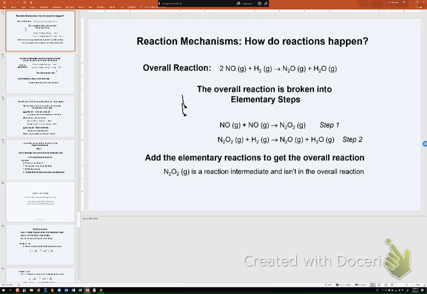So let's do one that's endothermic, okay? And we're going to do second step RDS. What is that going to look like? Big bump in the middle? Yeah, but which one increases?